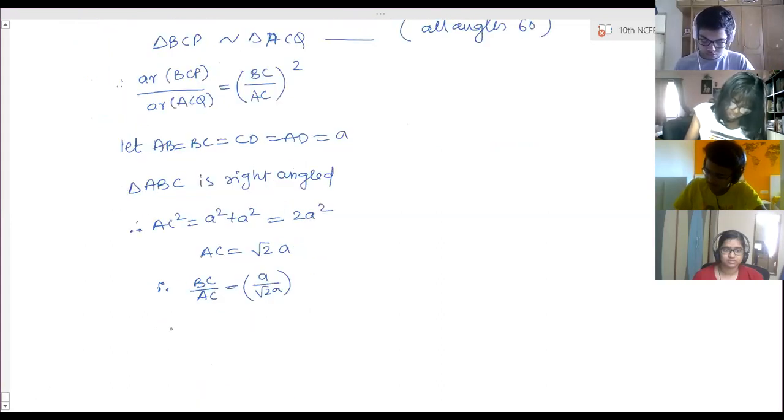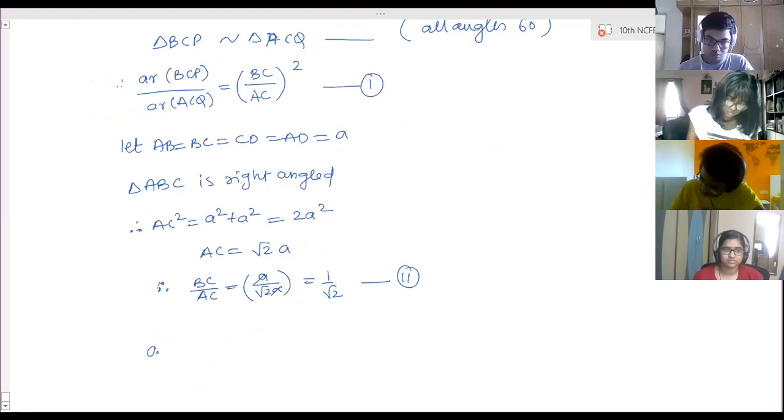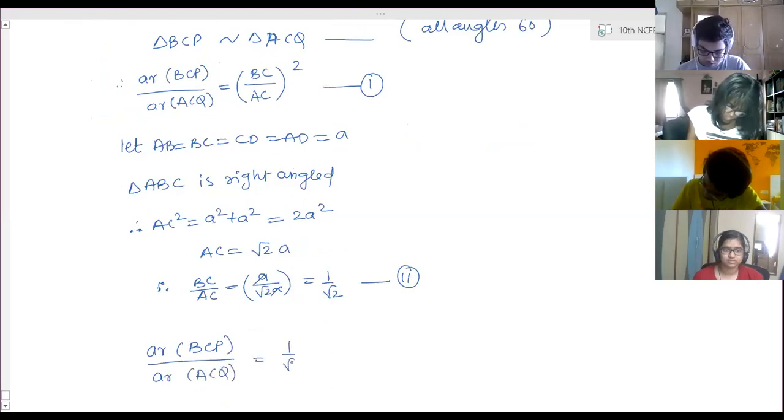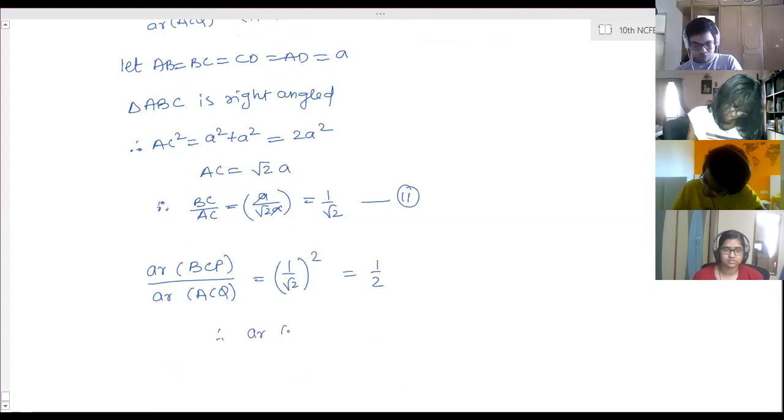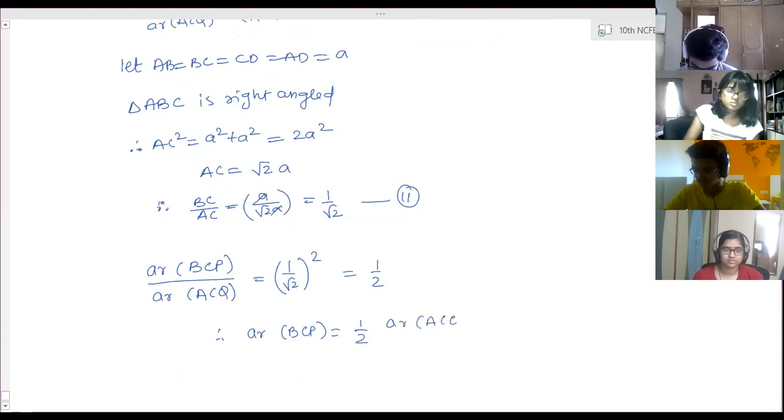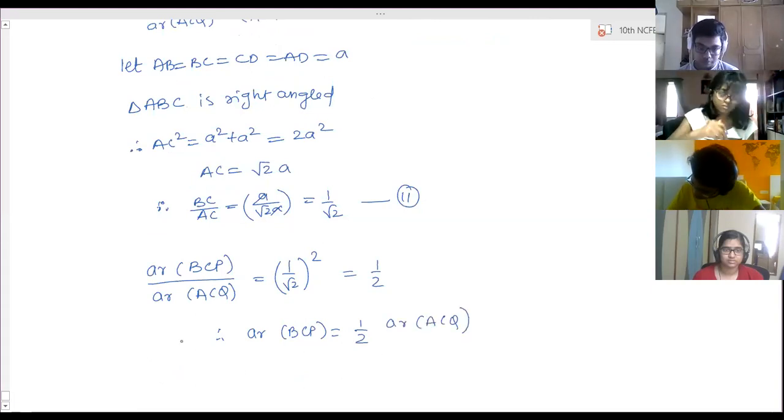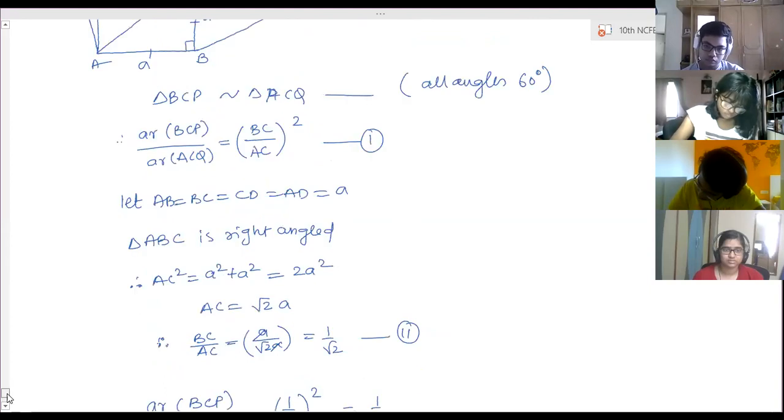So a gets cancelled. This is equal to 1 by root 2. So therefore area of BCP by area of ACQ is equal to 1 by root 2 whole square, which is equal to 1 by 2. Therefore area BCP is equal to half area ACQ. Clear? Yes.